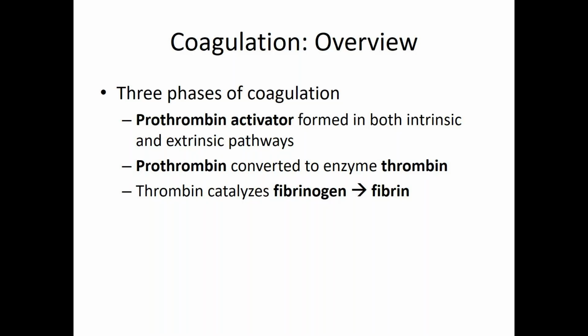It converts fibrinogen to fibrin. Fibrin is ultimately what's going to form our clot. So: prothrombin activator, prothrombin to thrombin, fibrinogen to fibrin. Like I said, there are more than a dozen clotting factors that we could talk about here, but we're not going to.